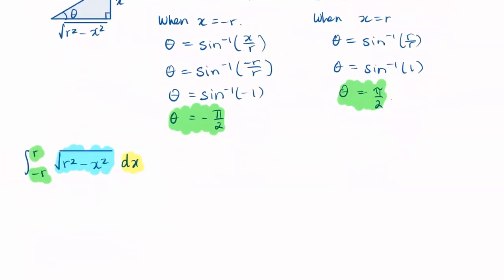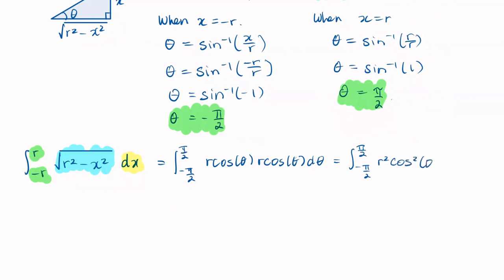So we have the integral from negative pi over 2 to pi over 2 of r cos theta multiplied by r cos theta d theta, which also simplifies to the integral from negative pi over 2 to pi over 2 of r squared cos squared theta d theta.